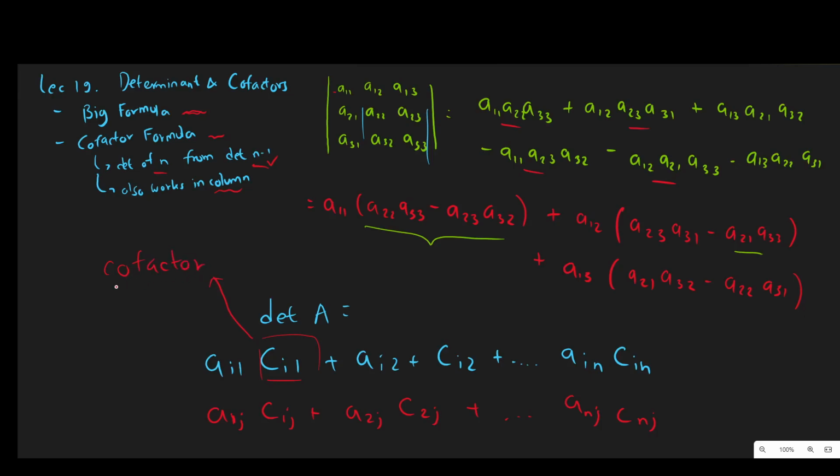The name cofactor comes from the word co, which means to go along with. For example here, to go along with this term, the cofactor is the determinant of this smaller matrix. So that's the term cofactor.